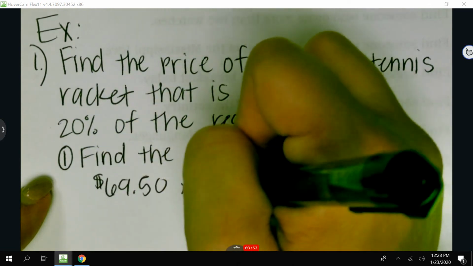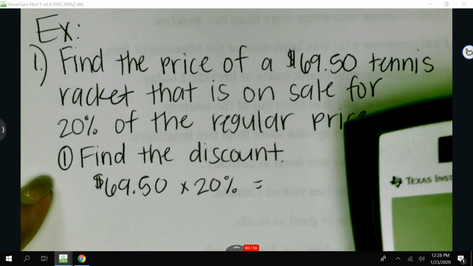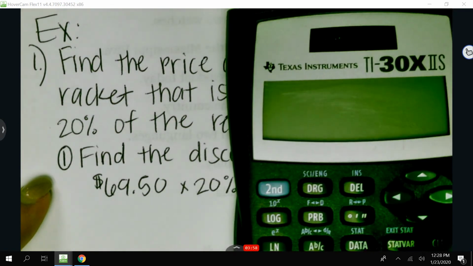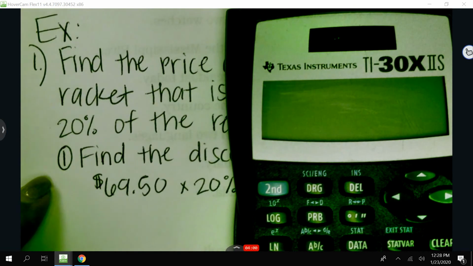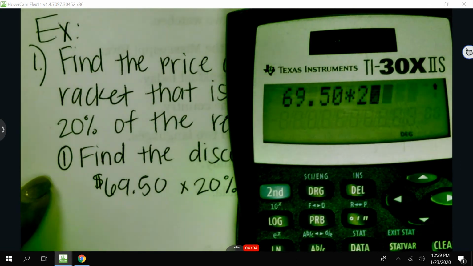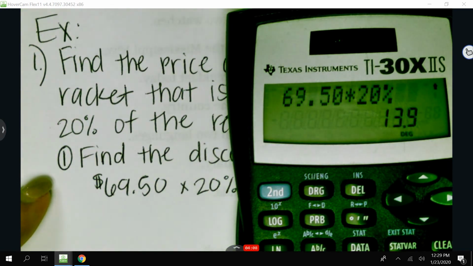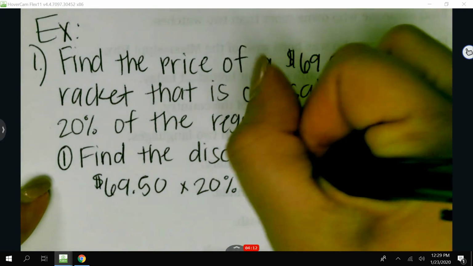And remember, it's very important that you actually type that 20% sign in your calculator. So I've got, let's turn it on, $69.50 times 20% gives me $13.90. So you have to add that 0.